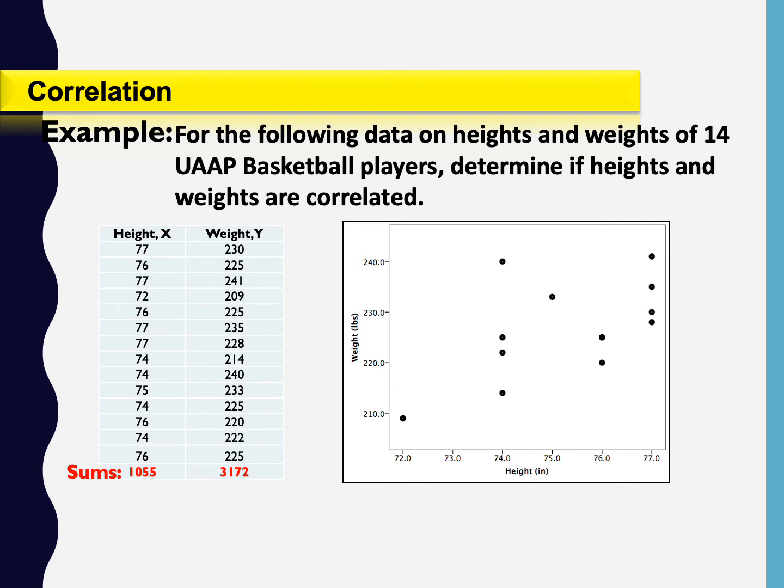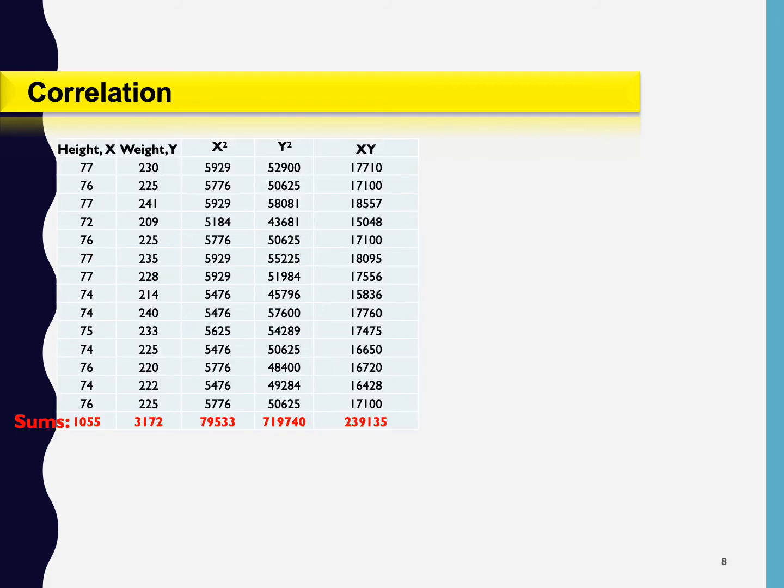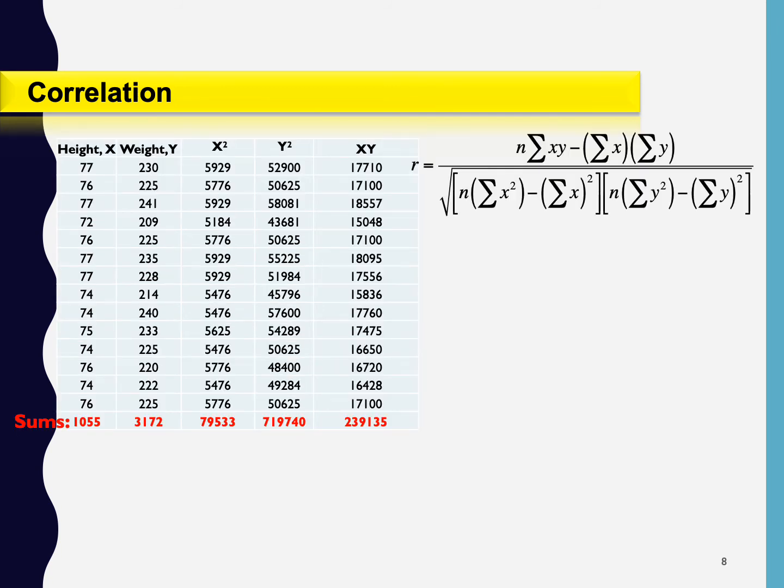So we have to solve for its Pearson R. Getting the sum of the height and the weight, we have the following values. Let's take a look at the values that we need. First, we have n, the number of observations. In this case, there are 14 UAAP players being considered.